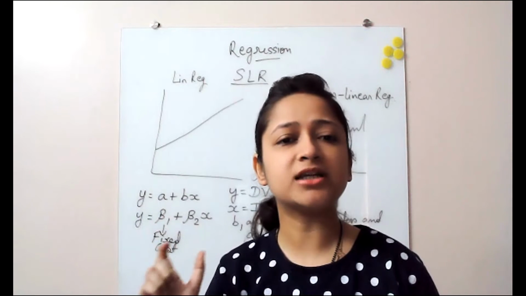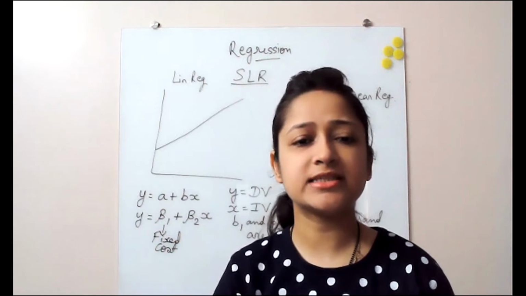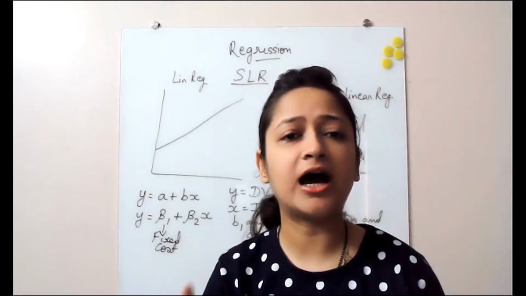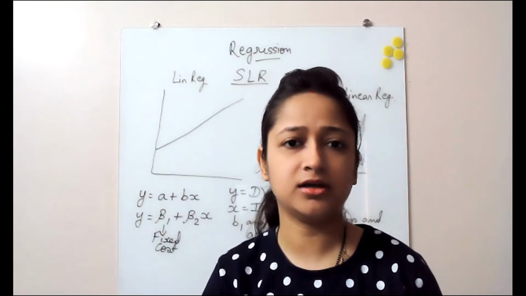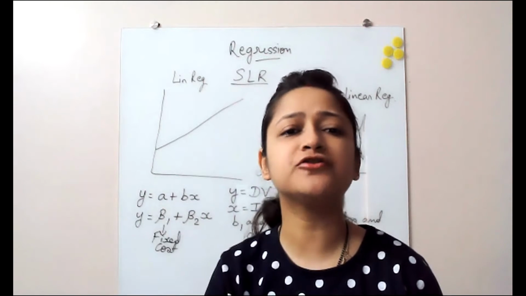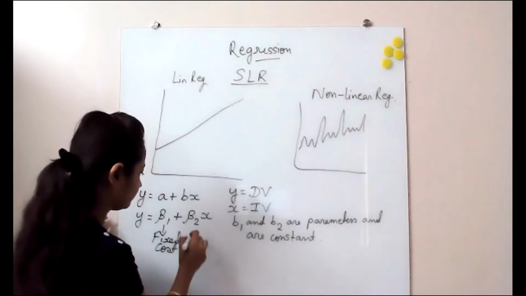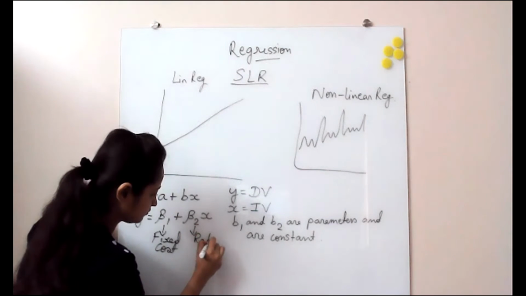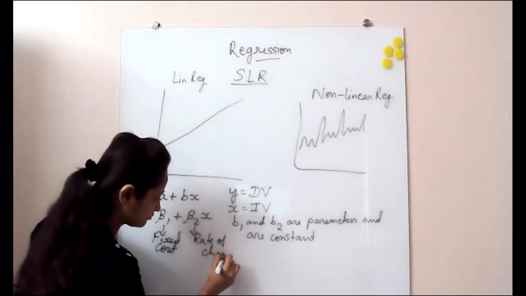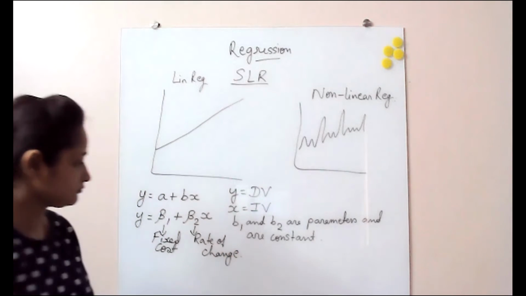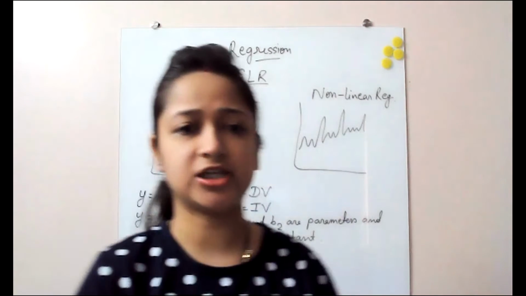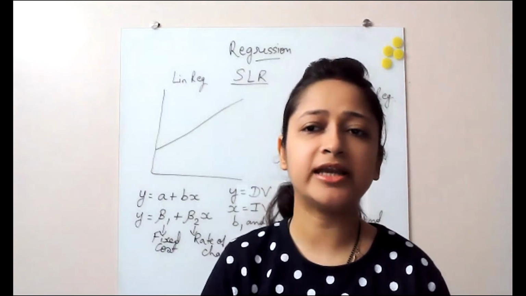So beta 2 is the rate, how we change our independent variable, the rate of change.